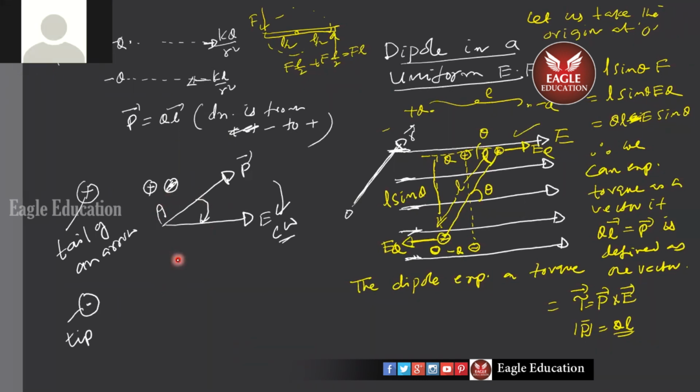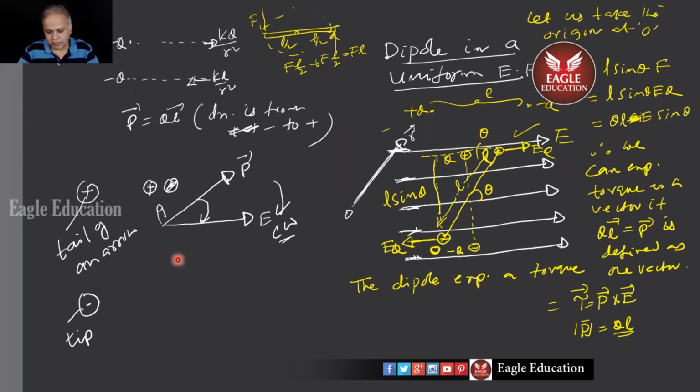Sir, understood, sir. Actually, people ask, sir, torque you define as P cross E, why not E cross P? And somebody will say, why is the dipole moment direction from minus to plus? Remember, not because I took the origin at minus Q. Wherever you take the origin, P will be from minus to plus.